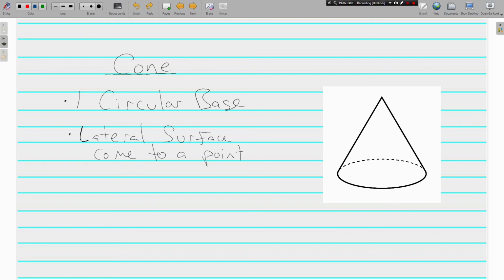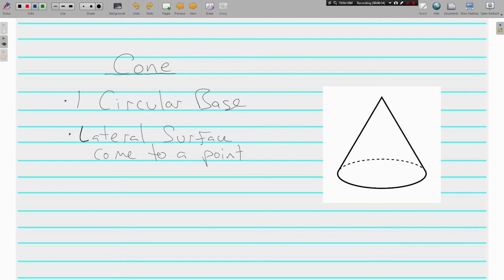I've been looking up different ways to describe the lateral surface of a cone, and people say that inside a cone there's kind of a right triangle, and if you spun that right triangle all the way around and held the right angle part still, you would get the shape that a cone makes.